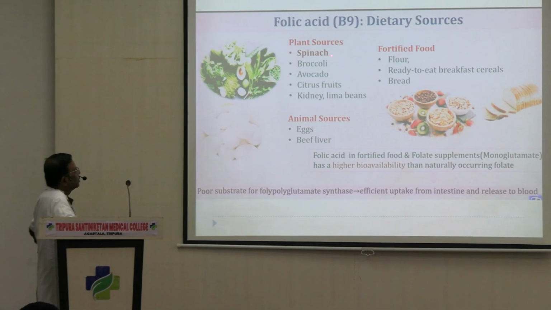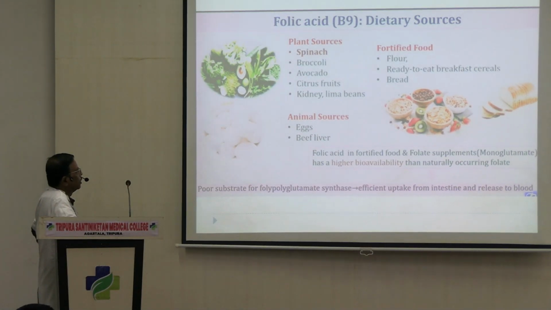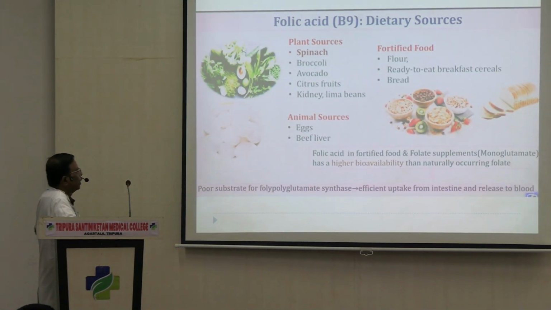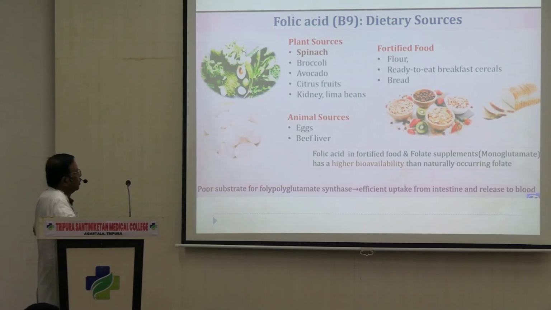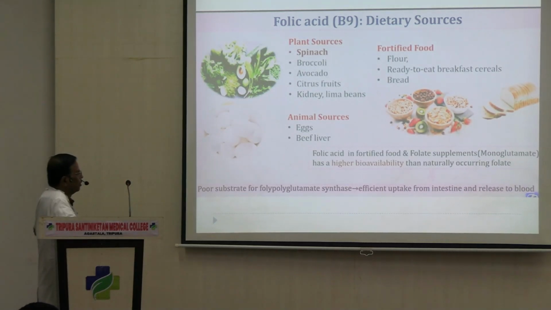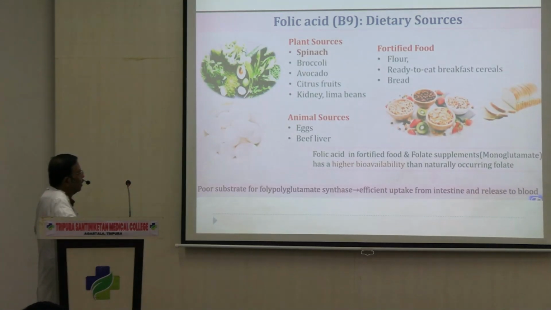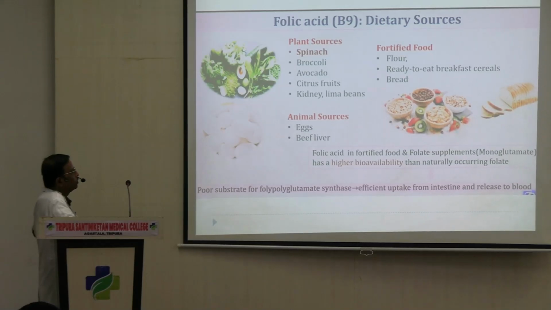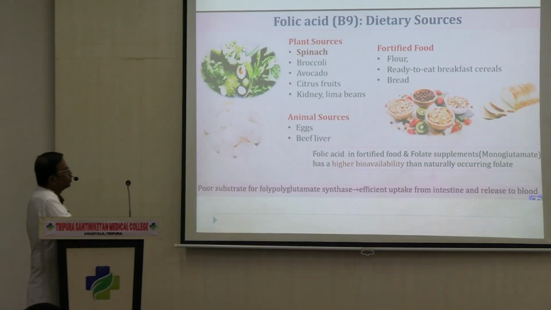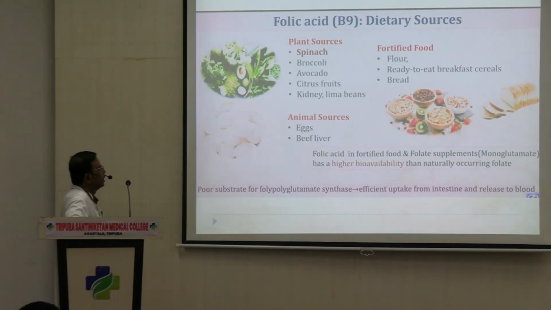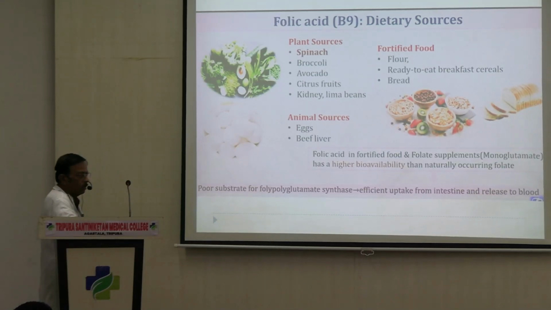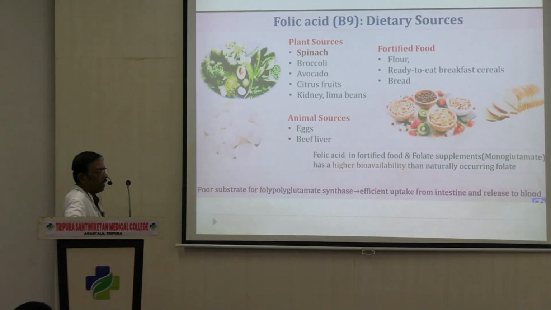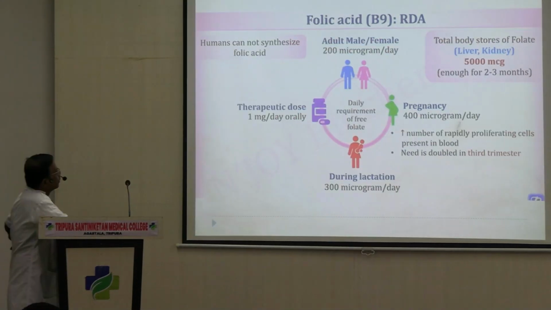Dietary sources are spinach, broccoli, avocado, citrus fruit, kidney, lima beans, eggs, beef liver. Fortified foods nowadays, flours and ready-to-eat breakfast cereals, are fortified with monoglutamic type of folic acid.